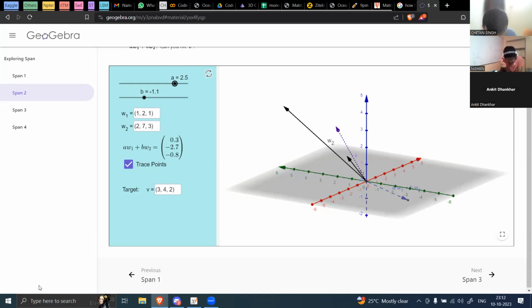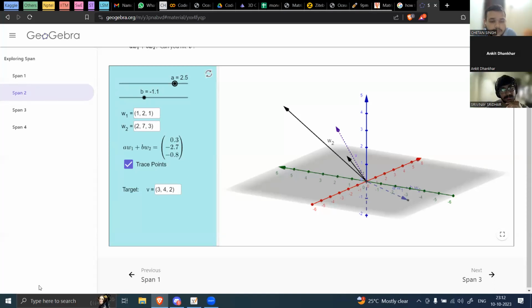You have W1 here, we have W2 here. Now what we want is a vector that is perpendicular to W1 but is in the plane of W1 and W2. Perpendicular to W1 and in the plane of W1 and W2.